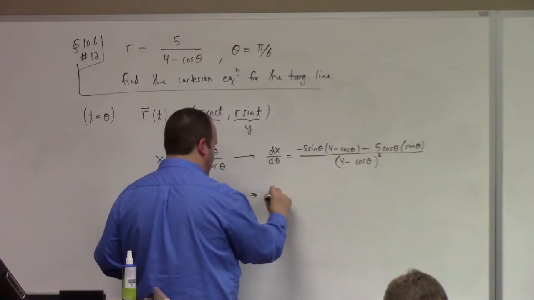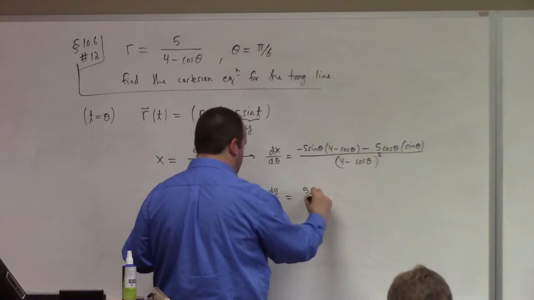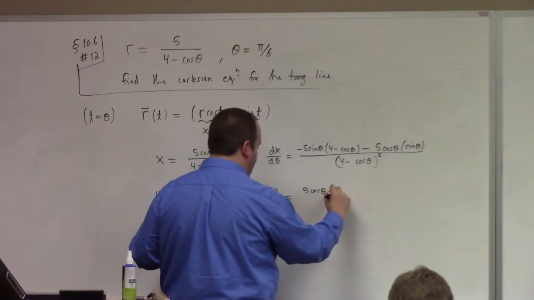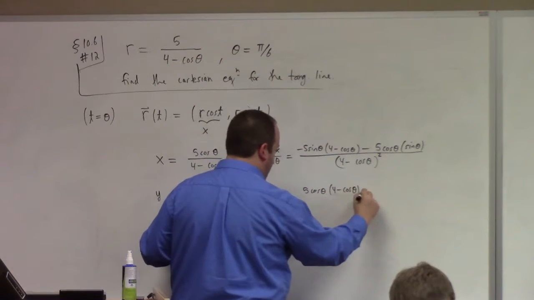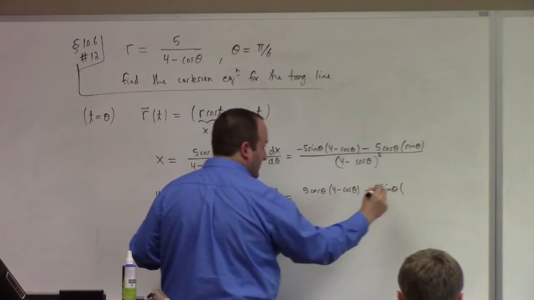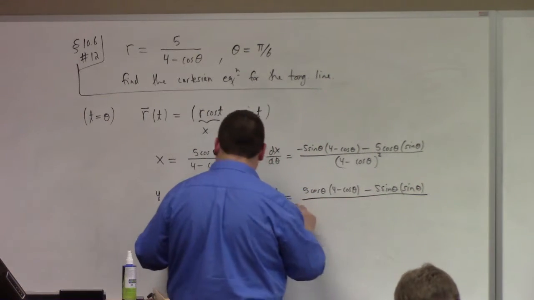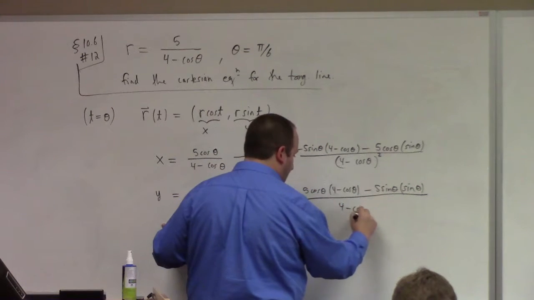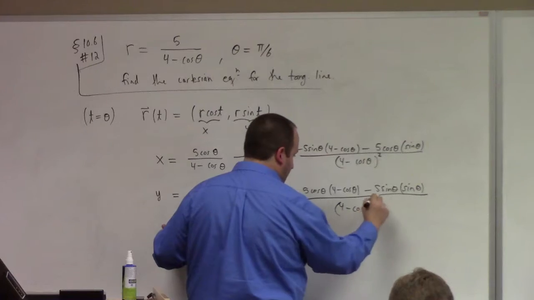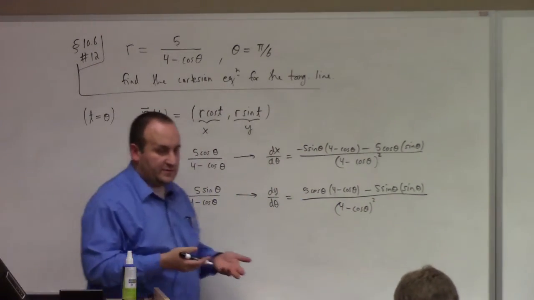And for dy d theta, I calculate 5 cosine theta times 4 minus cosine theta minus 5 sine theta times sine theta divided by 4 minus cosine theta squared.